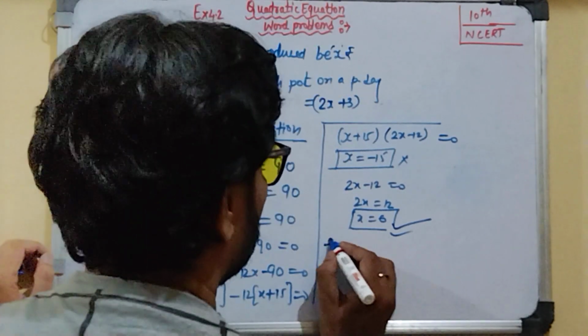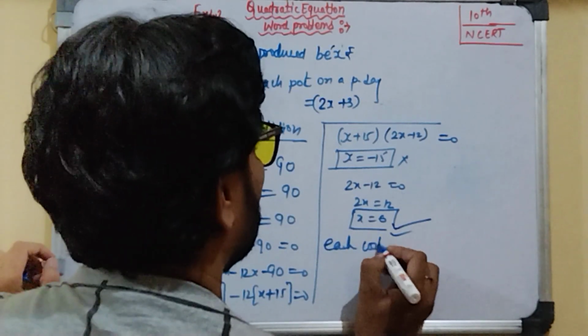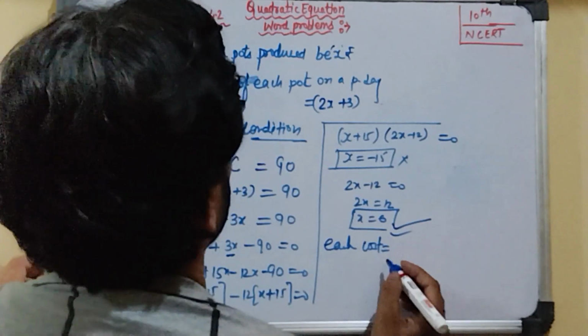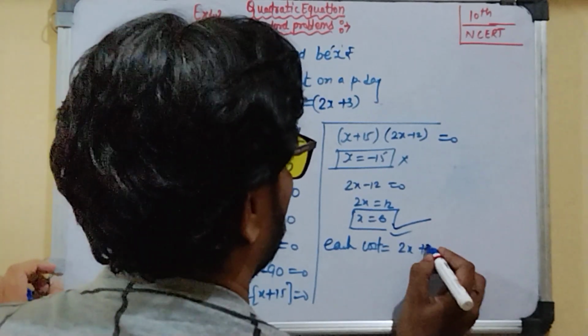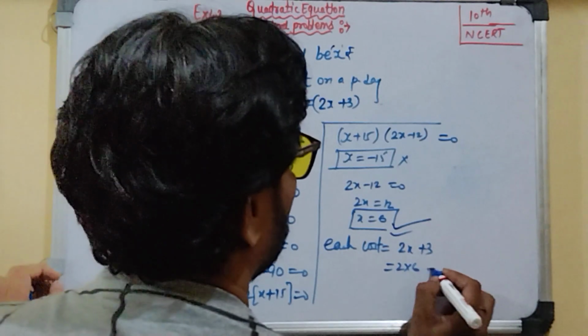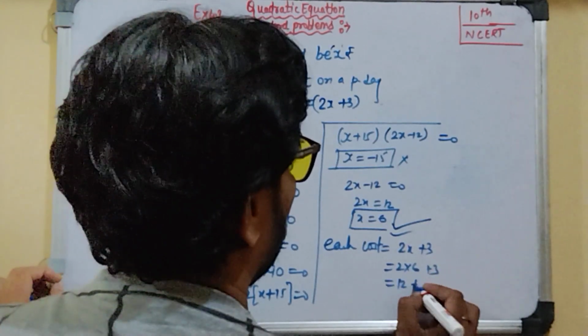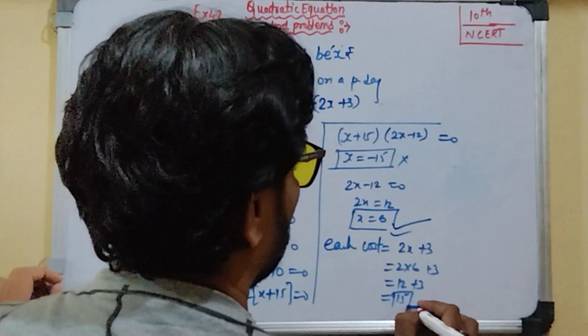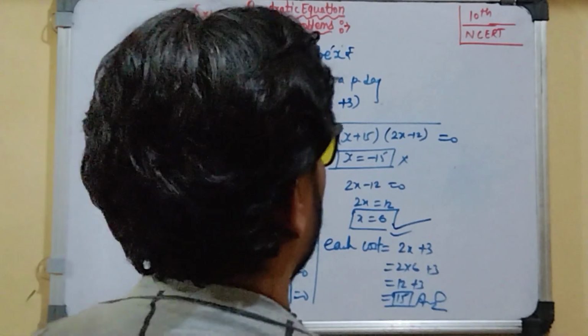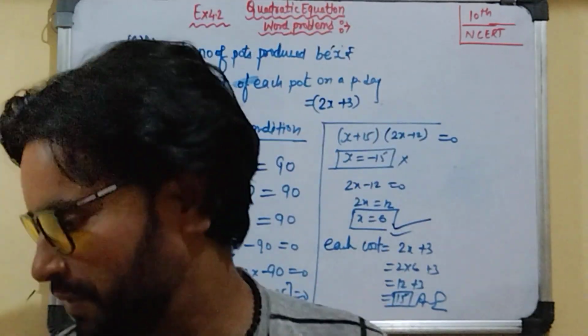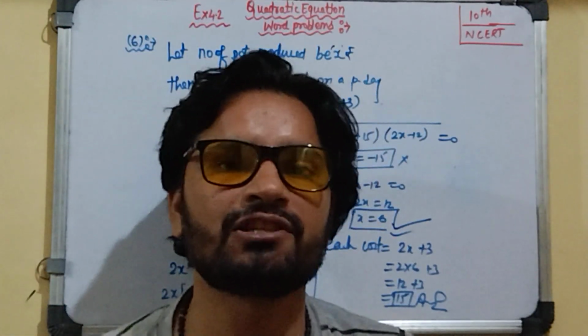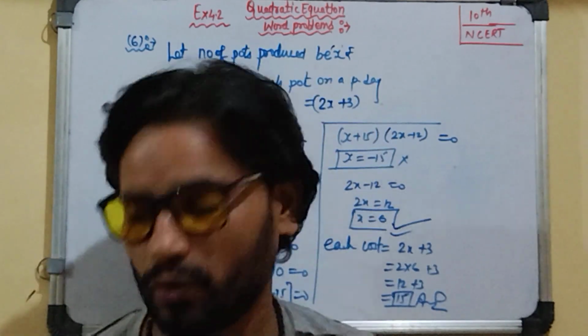And each cost will be 2x plus 3, 2 into 6 plus 3, 2 sixes are 12 plus 3. That means we get 15. And this way we can obtain the solution of each question.